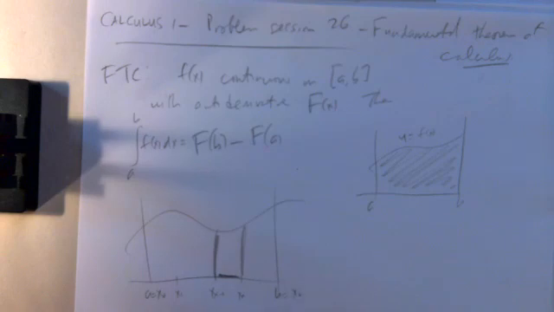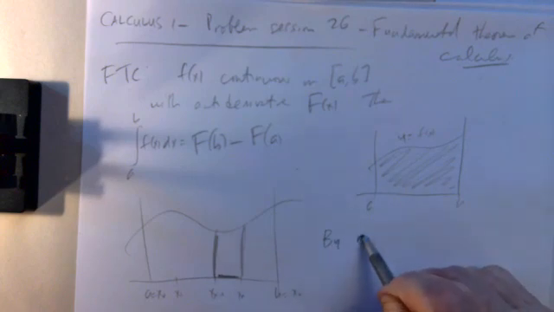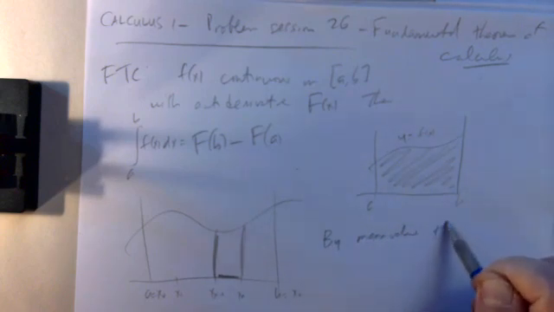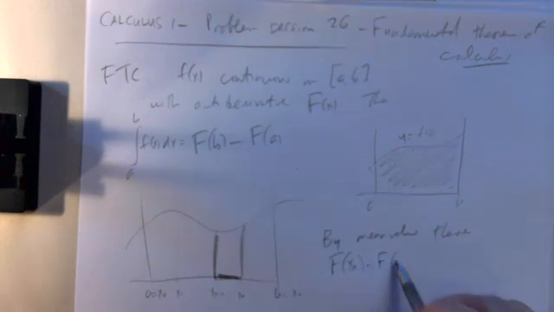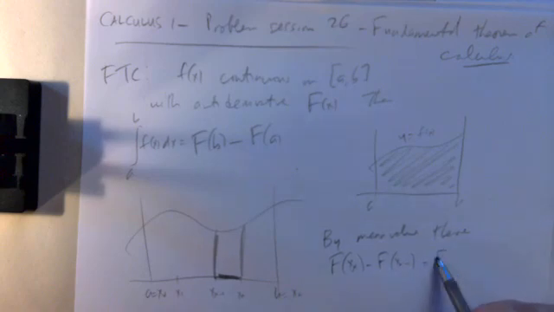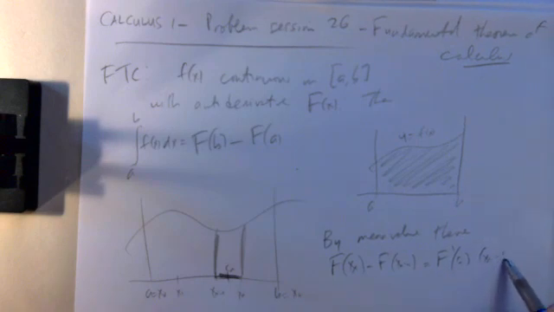And by the mean value theorem, if you just look at the difference of the antiderivative, F of xi minus F of x sub i minus 1, this is equal to F prime of some c sub i in this interval, times xi minus xi minus 1.